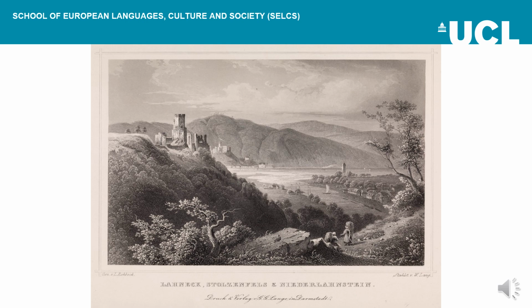Hence the appeal of the castles. They evoke the Middle Ages, a period safely in the distant past that people liked to romanticize. Just think of Wagner's Ring des Nibelungen, which he composed between 1848 and 1874, and which is based on a medieval epic located on the Rhine.